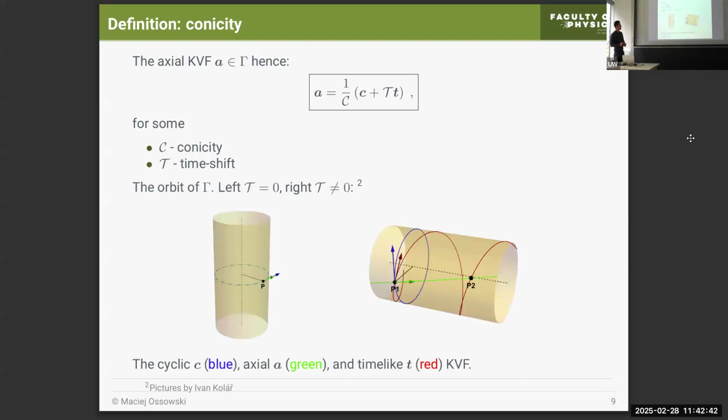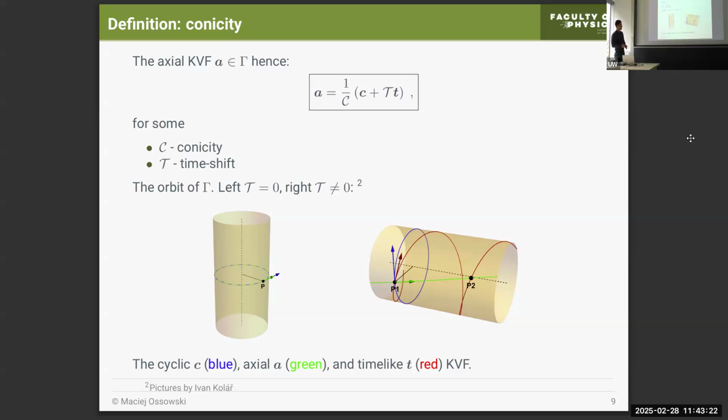So, what are the typical examples of this axial Killing vector field? If there's no time shift, the pictures are just the orbits of gamma, gamma being spanned by C and T. If there's no time shift, then the orbits of A and C coincide, and A just goes with a different velocity along this curve, so it is just parameterized differently.